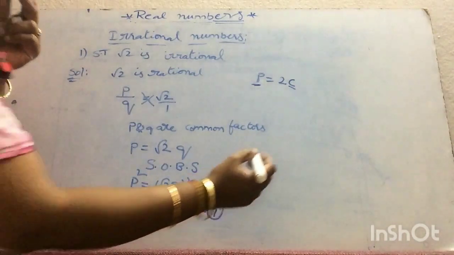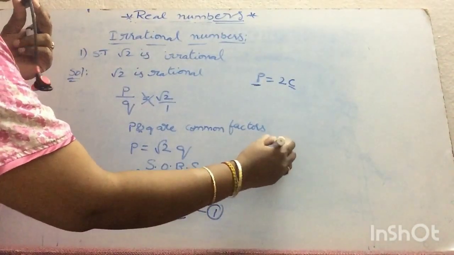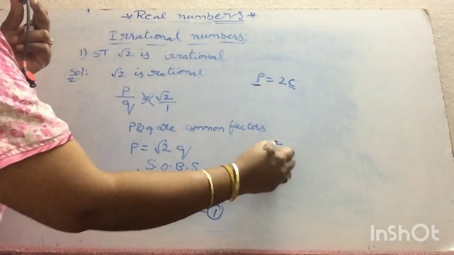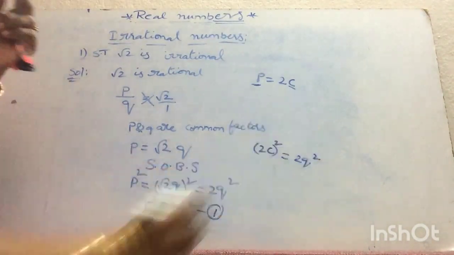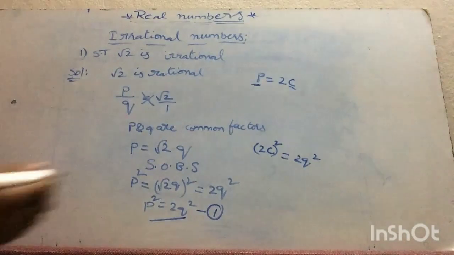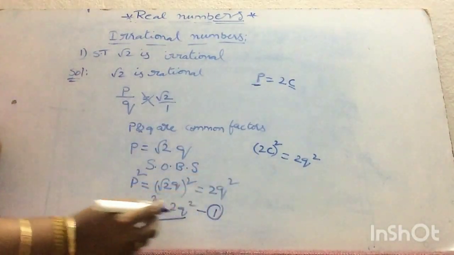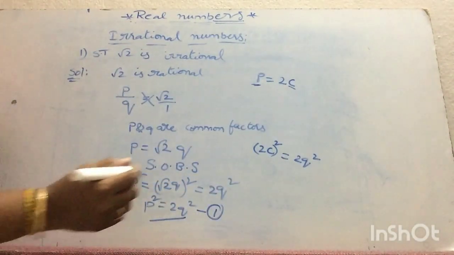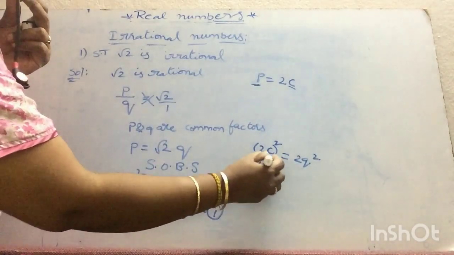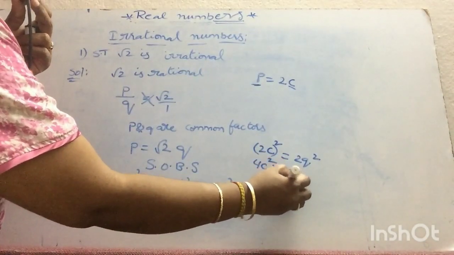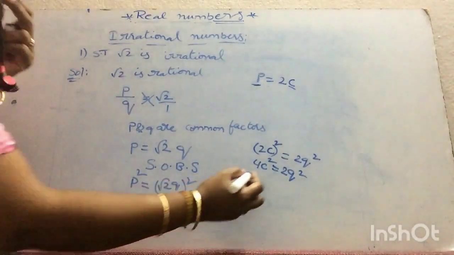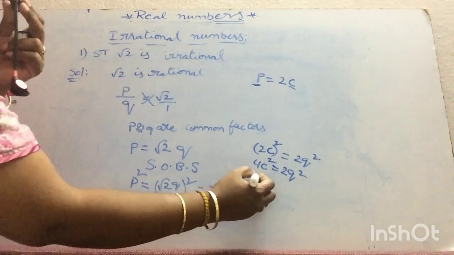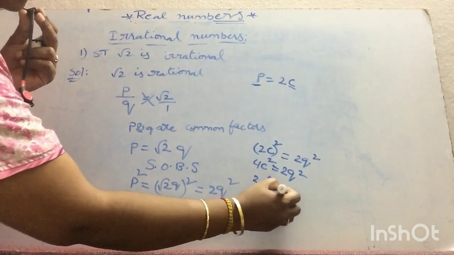Then we get 4C square equal to 2Q square, so 2C square equals Q square.